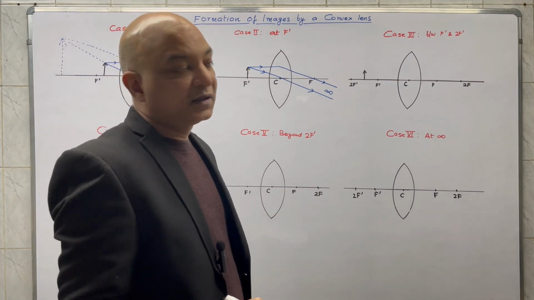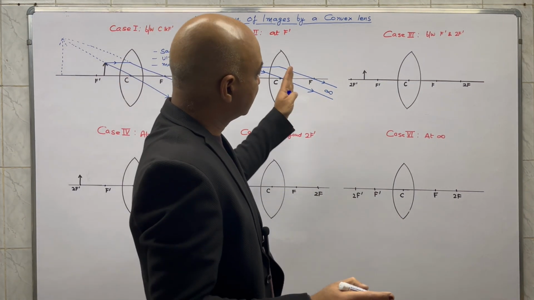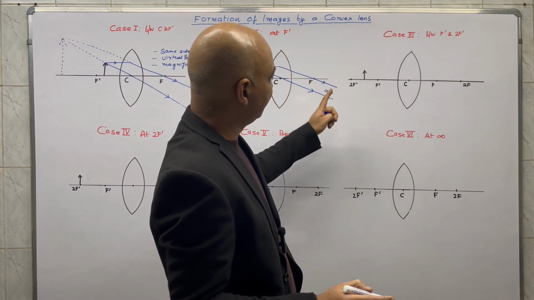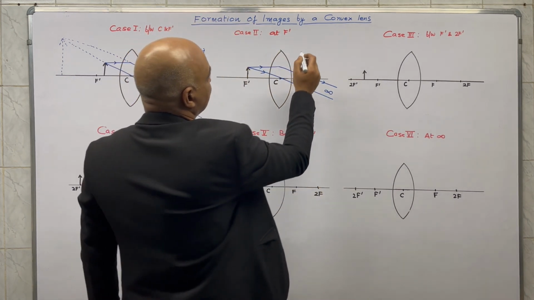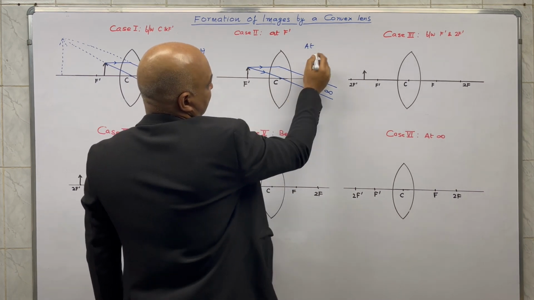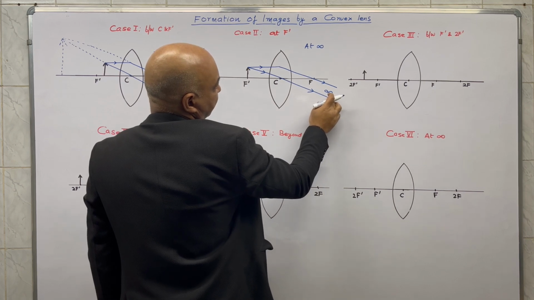So that means the image in this case will be formed somewhere very far off from the lens, that is at infinity. So I can say that here when object is kept at focus, image is formed at infinity.